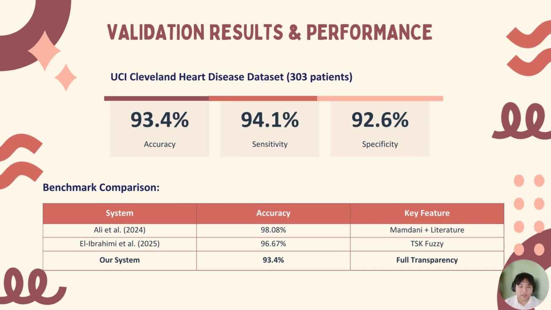For the validation results, we evaluated our system on the UCI Cleveland heart disease dataset, which includes data from 303 patients and is widely used as a benchmark in heart disease research. Our model achieved about 93.4% correct classification, 283 patients.